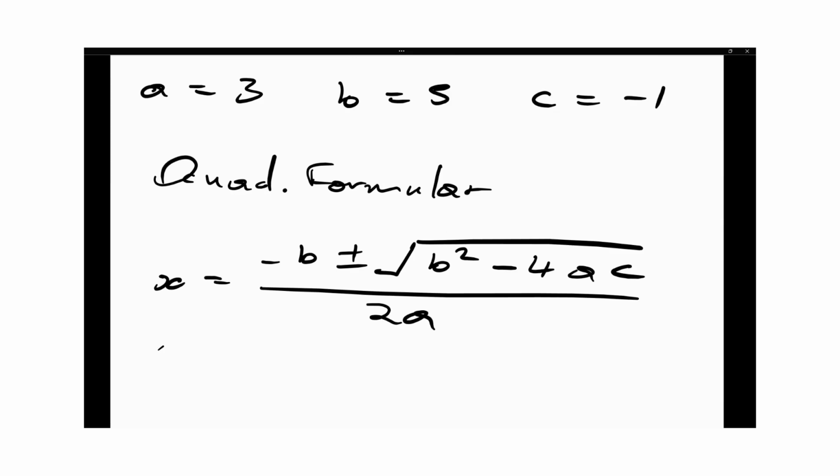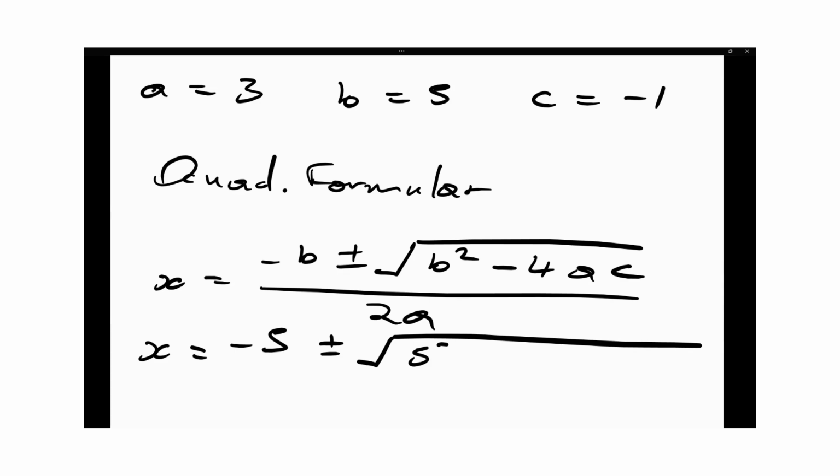So our x will be equal to negative b, which is negative 5, plus or minus the square root of b squared, it's 5 squared, minus 4, then the value of a is 3, and then the value of c is minus 1.